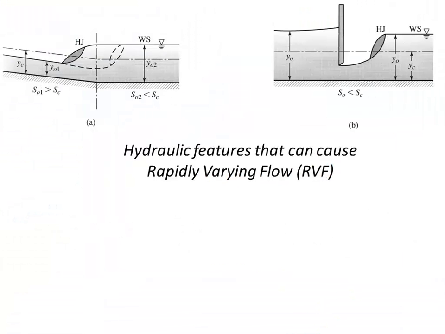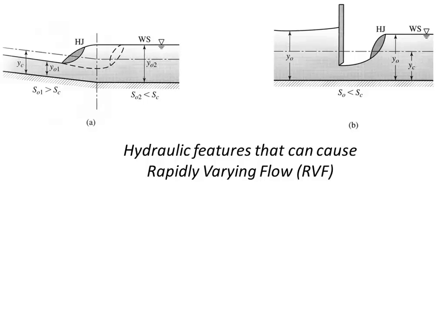Here's another case where you can find a hydraulic jump being formed, and this is what we've got back in the lab. We have flow underneath the gate, and you'll notice that before the gate, the depth of flow is greater than the critical depth, and so here we have subcritical flow.